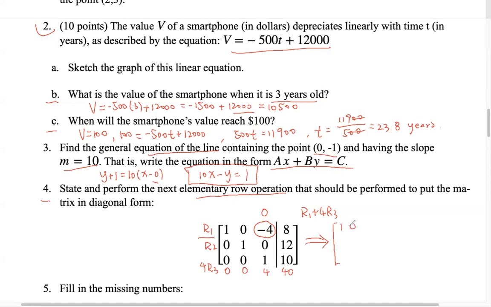We get 1, 0, negative 4 plus 4, bingo, 0. 8 plus 40, 48. Then the second row doesn't change. The third row doesn't change. And that's it, just one step.